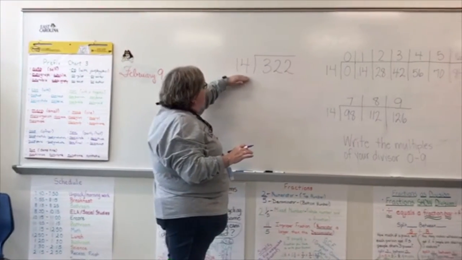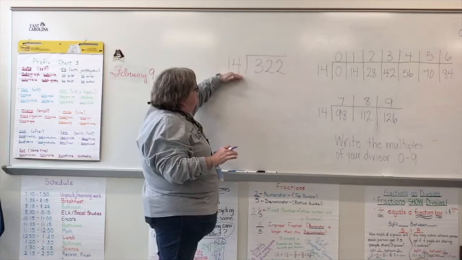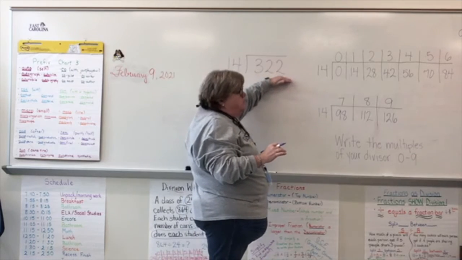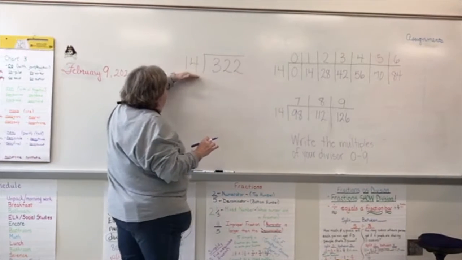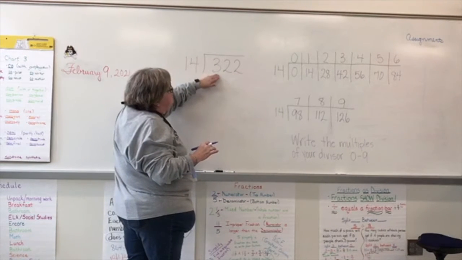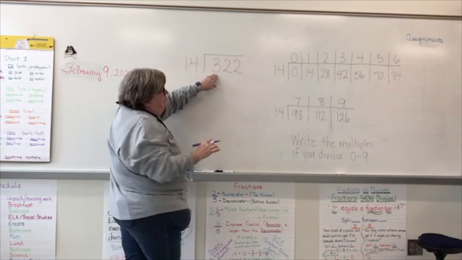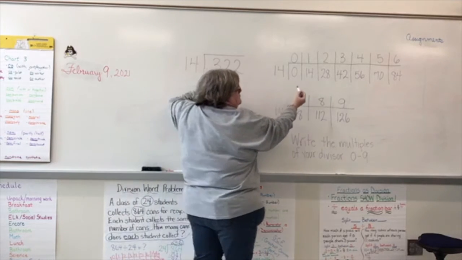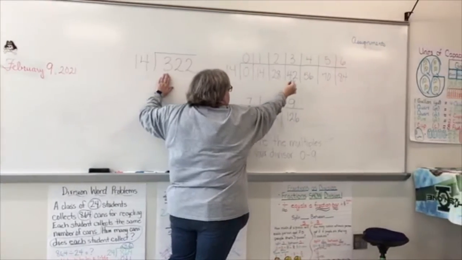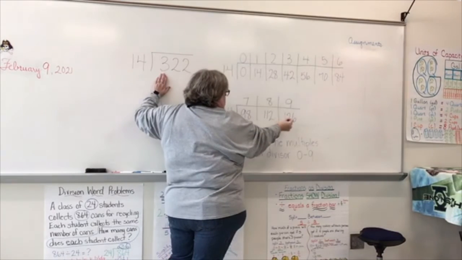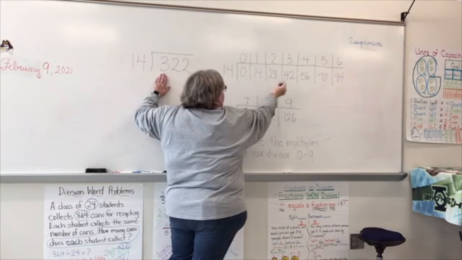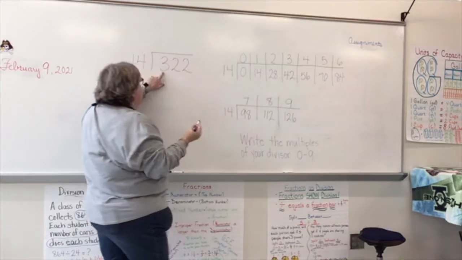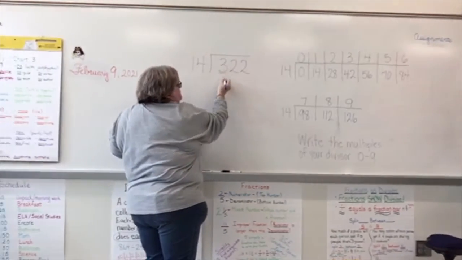So we look at it and we say 14, we're not going to go into the whole number. We have to take it part by part. So 14 divided into 3. I look at my multiples in the box, and I look for the multiple that is the closest to the 3.